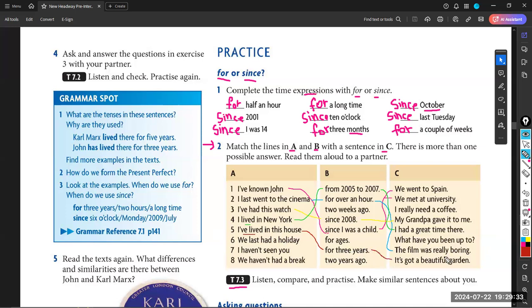Let me match that. Let me change the color by saying we last had a holiday 2 years ago. How can I match that with C?